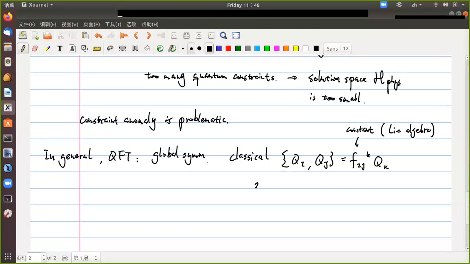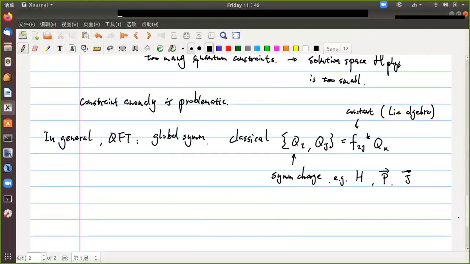For example, this Q can be your Hamiltonian, or your momentum, or angular momentum J. So in your quantum field theory, it can be your total Hamiltonian, total momentum, or total angular momentum, which are symmetry charges of your field.